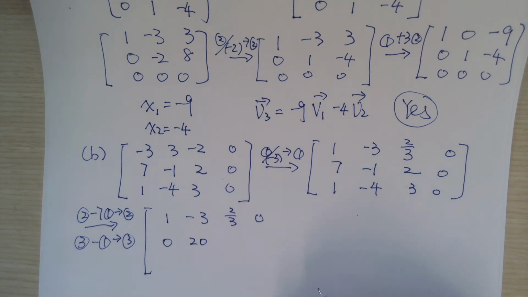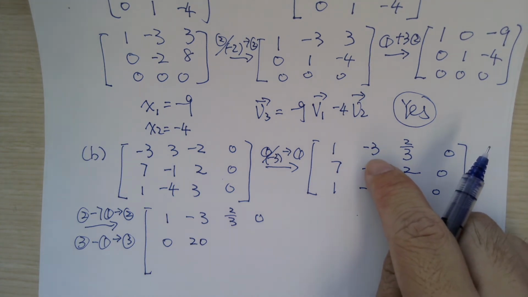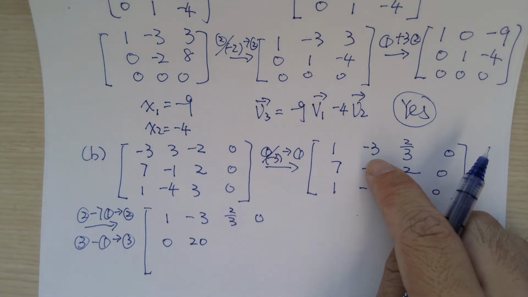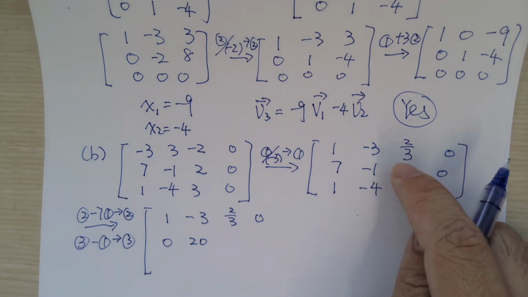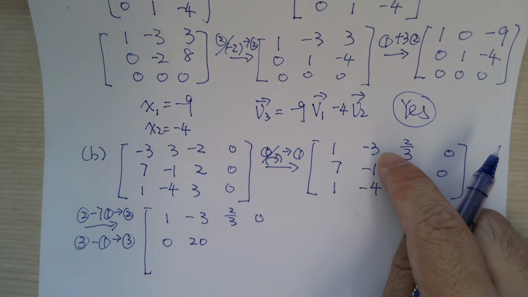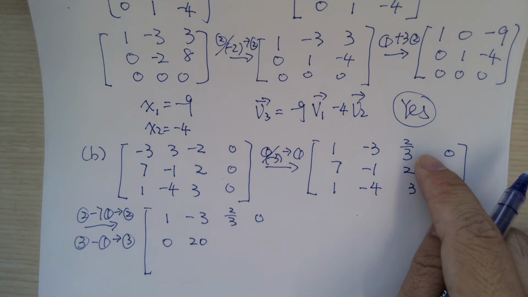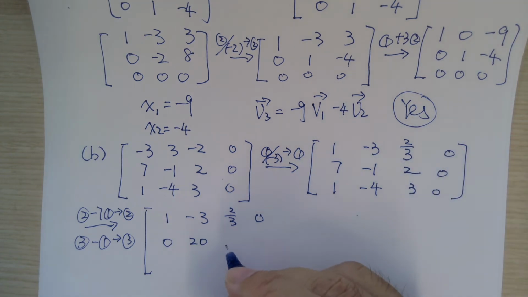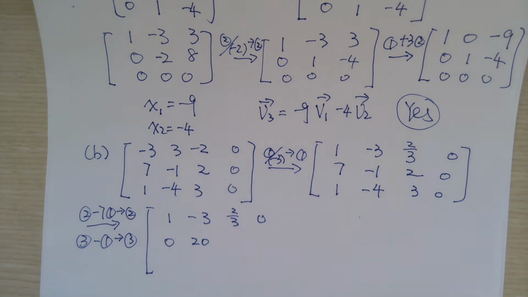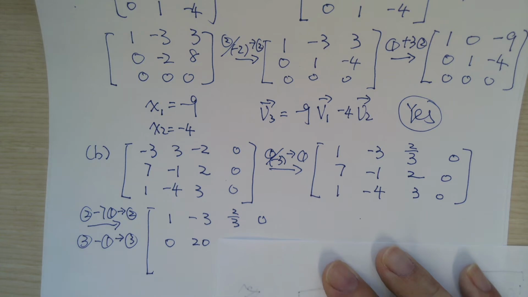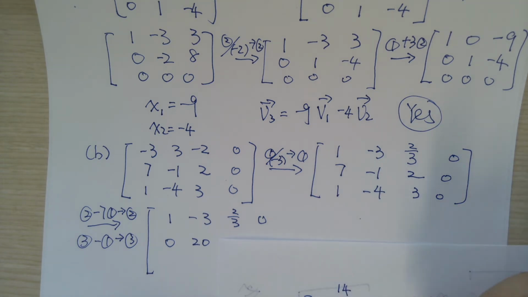So this part becomes a 0 here, right? Because negative 3 times 7 is negative 21. This negative 1 plus 21 is 20. So let me do a little bit more calculation here. It's going to become 2 minus 14 over 3.